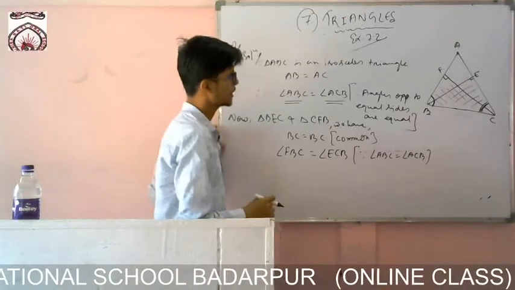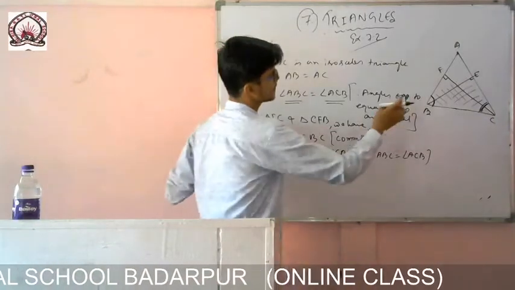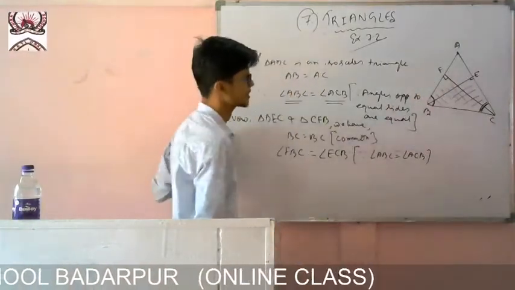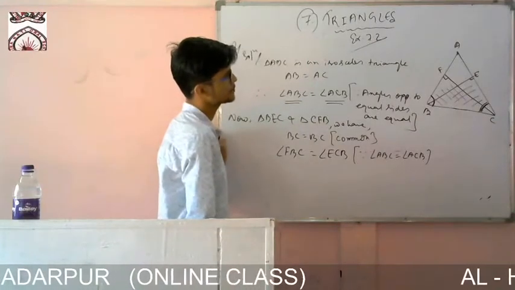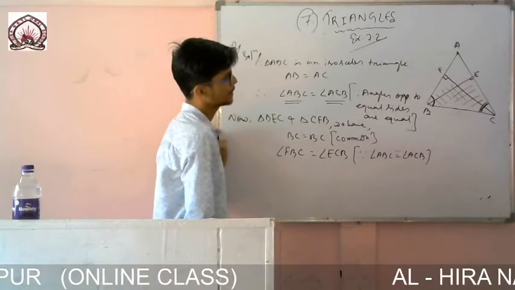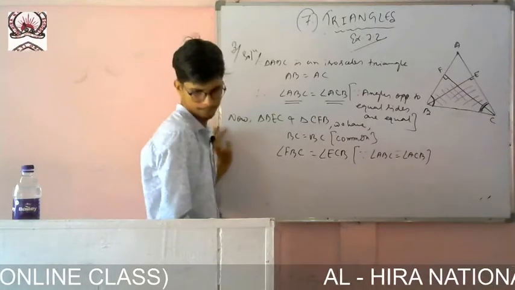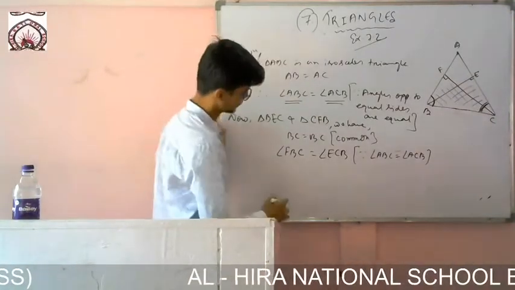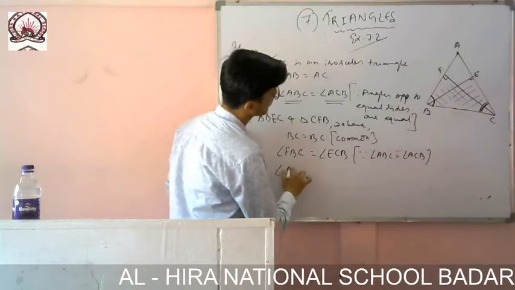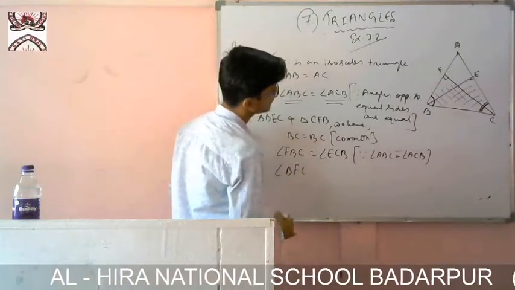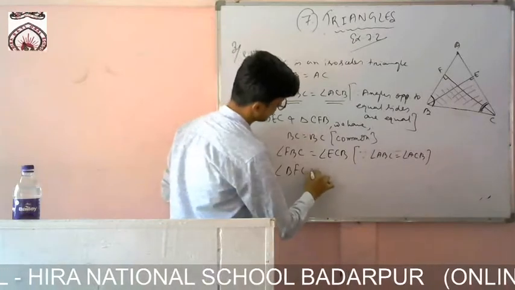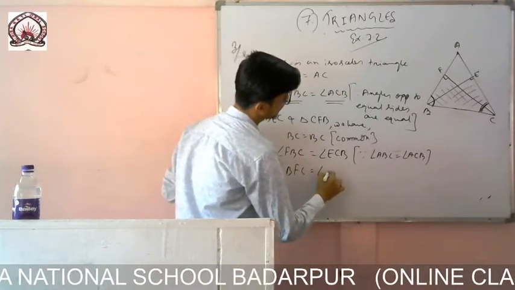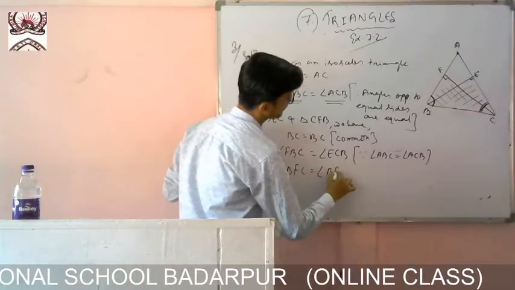Okay, so we have got this one, and it is given that these are perpendiculars, altitudes. So I can write angle BFC will be equal to angle BEC.